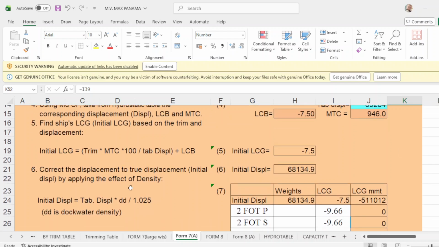Number 6 is correct that the displacement to true displacement. Initial displacement by applying the effect of density. So initial displacement equals tabulated displacement times your local density over 1.025. DD is your dock water density or your local density. So number 6.